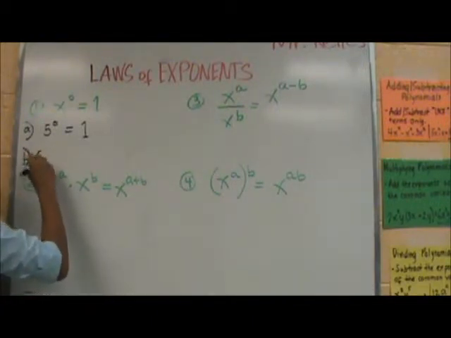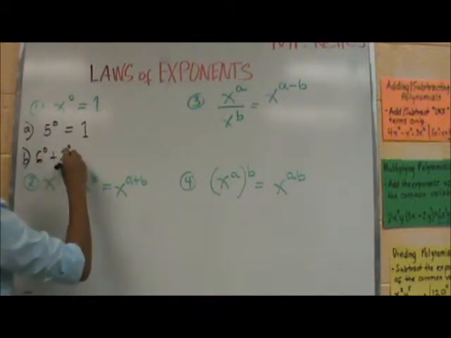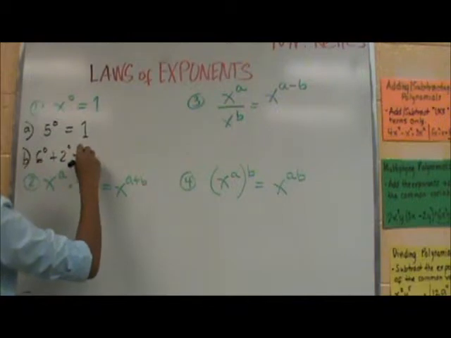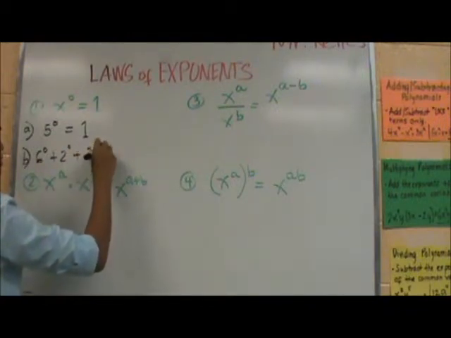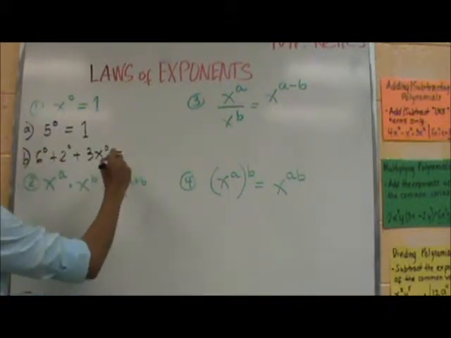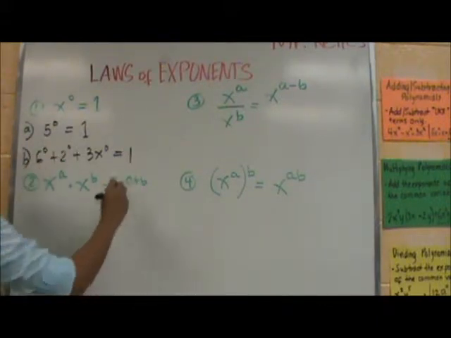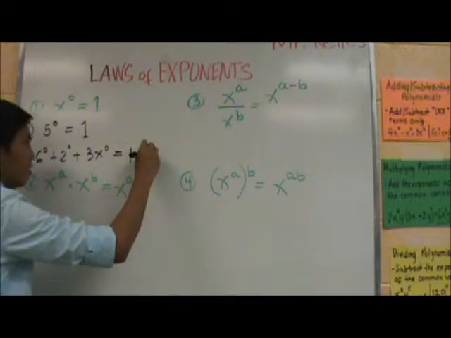How about if you have 6 to the 0 plus 2 to the 0 plus 3x to the 0. Okay? Now let's go ahead and simplify one at a time. 6 to the 0 will give us 1. 2 to the 0 will give us, again, 1.